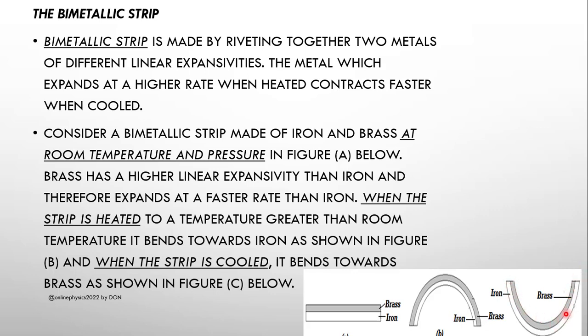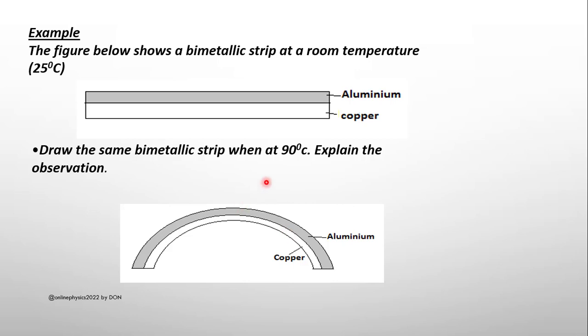So it contracts, it reduces in size, the length decreases. Therefore, this bimetallic strip curves towards the side of brass, hence having this shape here. So brass will now be on the inside and iron on the outside. So that is the explanation for this bimetallic strip.